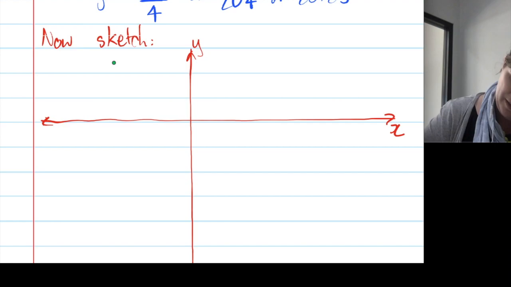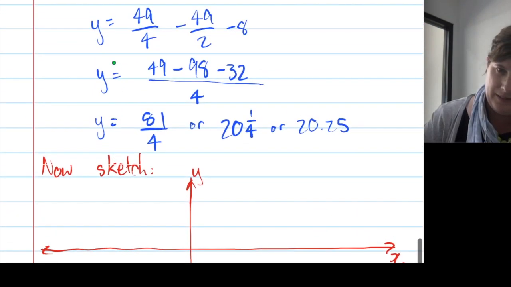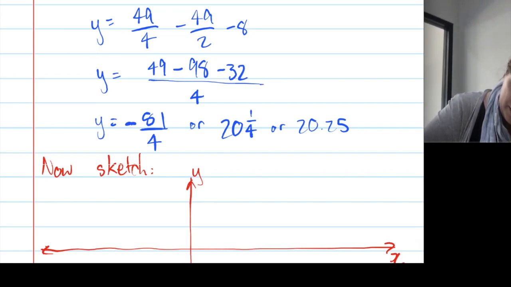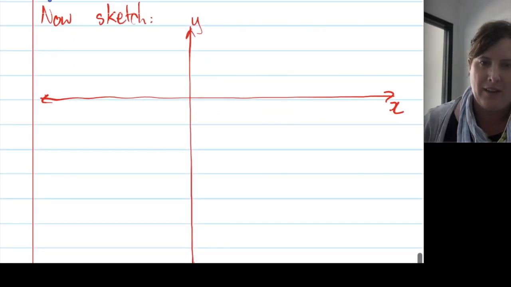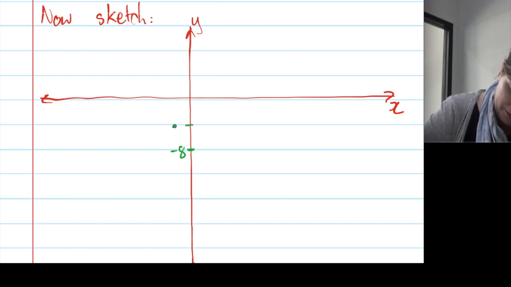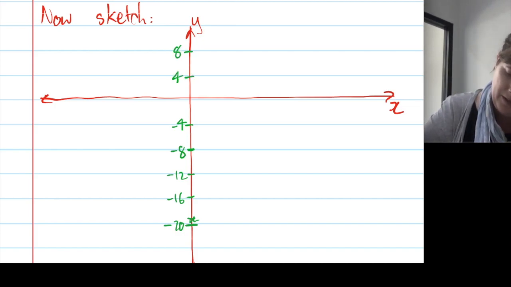So I'm going to make negative 8 be like... Oh, sorry. This is negative. Okay. I want negative 8 to be like... negative 8, negative 4, negative 12, negative 16, negative 20, etc. 4, 8.